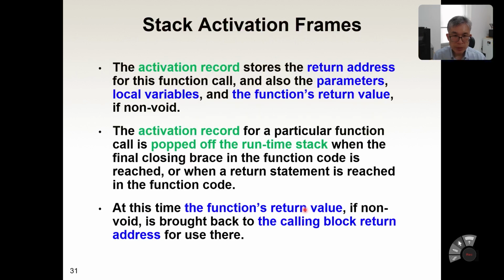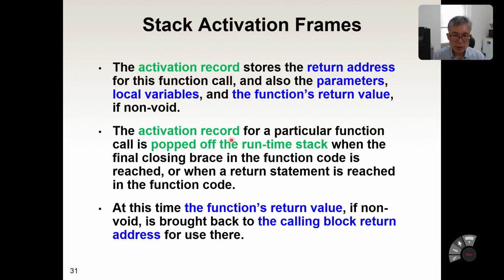The activation record, or frame, stores the return address for the function call, and also the parameters, local variables, and the function's return value are stored in the stack activation frame.